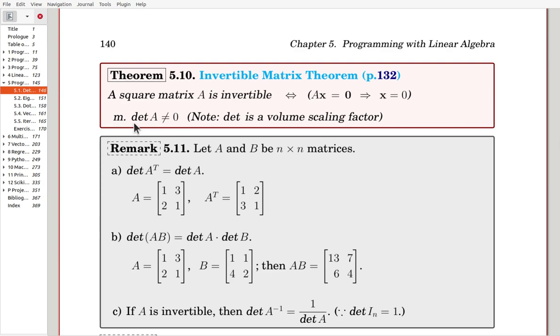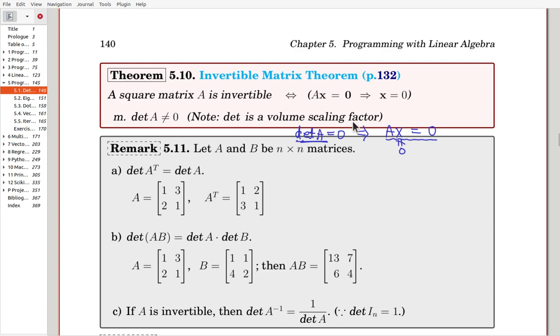Once the determinant of A is 0, then if we consider the determinant as a volume scaling factor, and we assume determinant of A equals 0, then here AX for non-zero X must be 0, because of the volume scaling factor, which means that X will be collapsed to become 0.